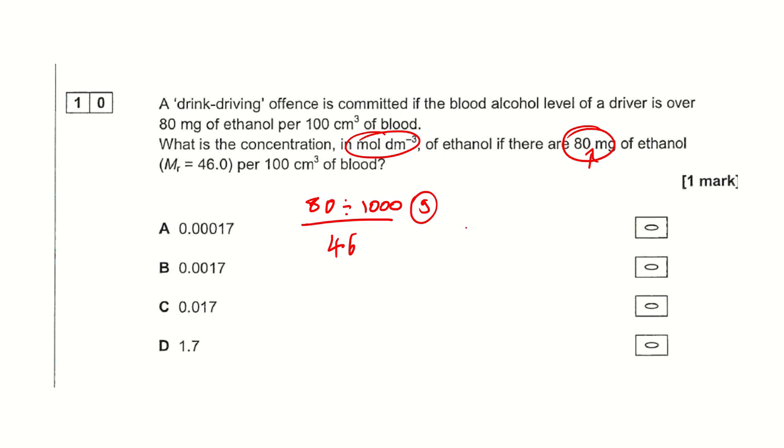That gives me 0.00174, which is my moles. Concentration equals moles divided by volume, so I divide by 0.1, which is the volume, 100 cubic centimeters. That gives me an answer of C.